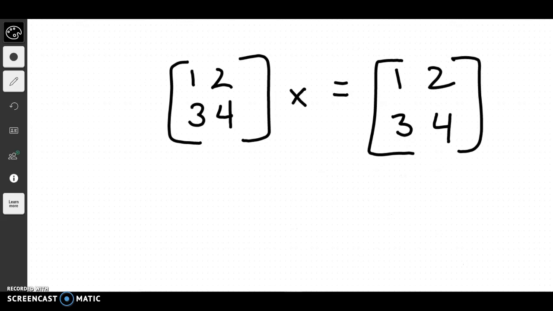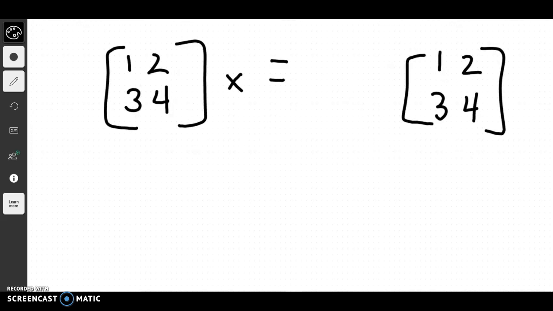Let's do one more. Okay, so let's take the classic matrix 1, 2, 3, 4 and times it by 1, 2, 3, 4 on the other side. So again, to undo this, to figure out what x is, we would have to multiply this side and this side by the inverse.